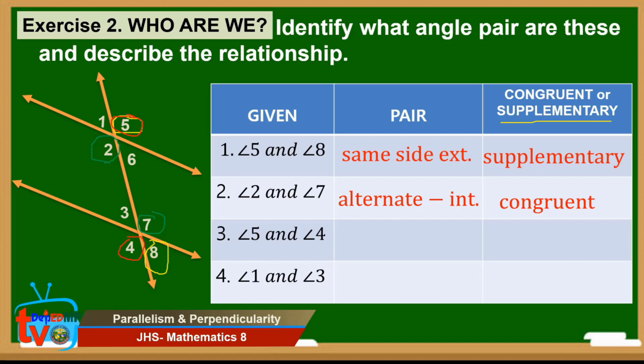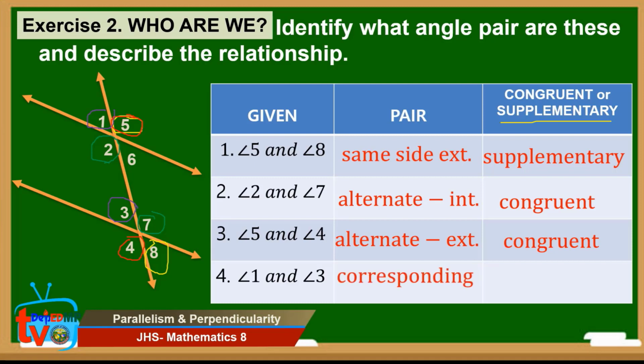They are alternate exterior angles, and they are congruent. Angle 1 and angle 3. They are corresponding, you're right. And they are congruent.